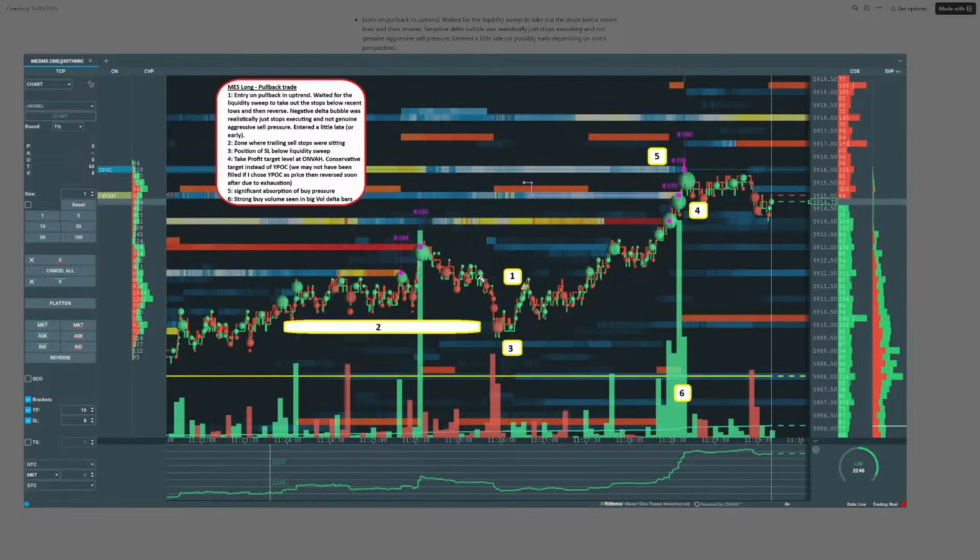But I just don't see what's going on here previously, and this is something I'm pretty sure I wouldn't have taken, because I need to see more.